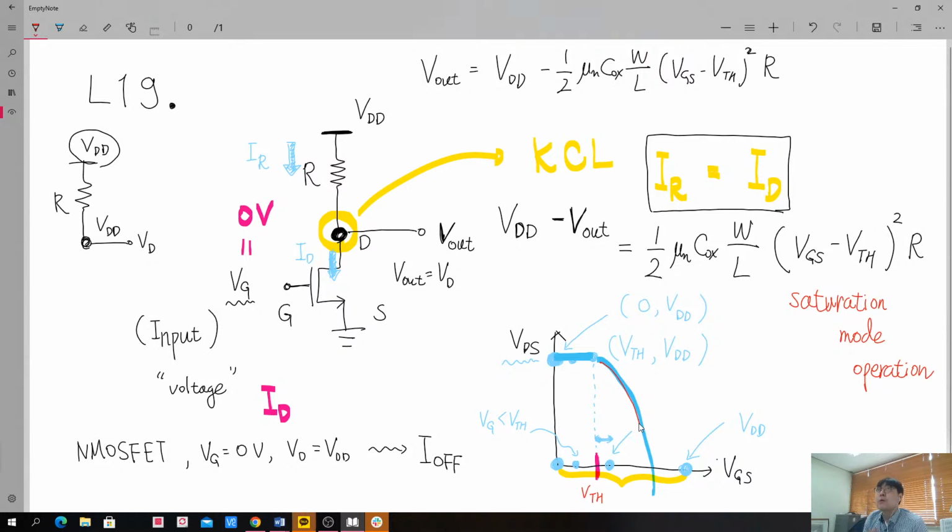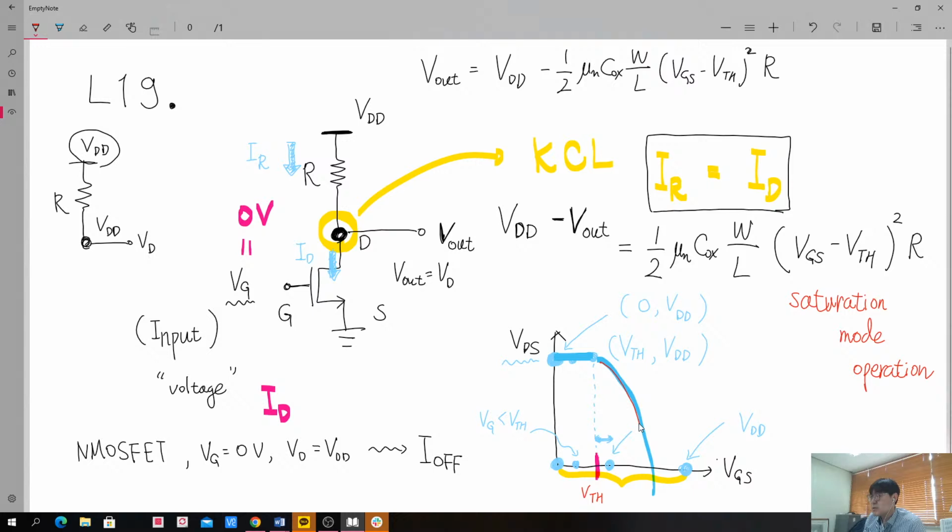So what was the condition for having the triode region, or what was the knee point? The condition was that the gate overdrive voltage is equal to VDS.